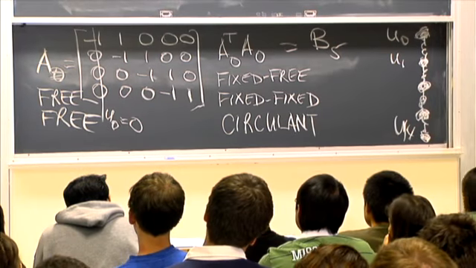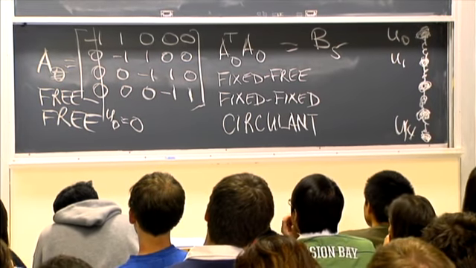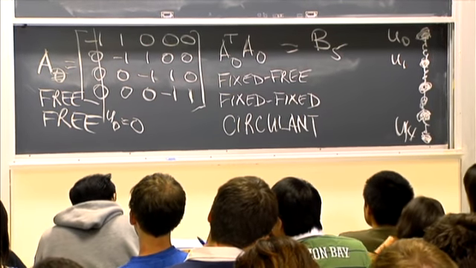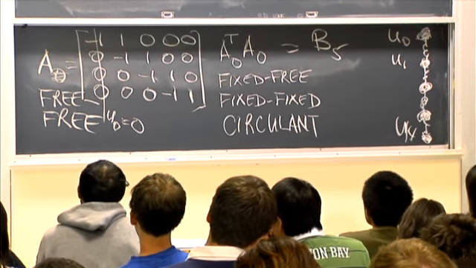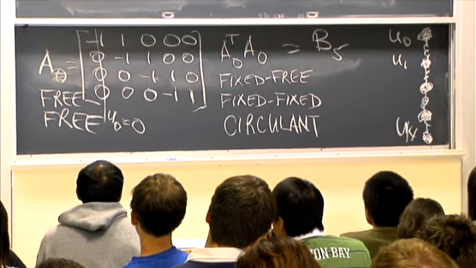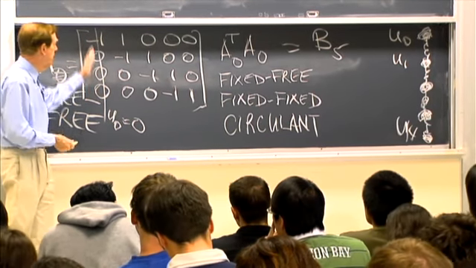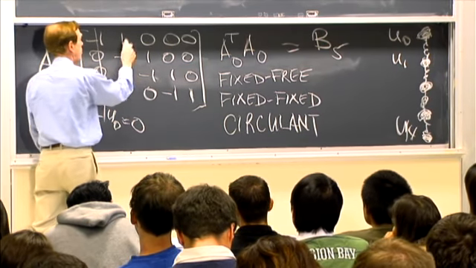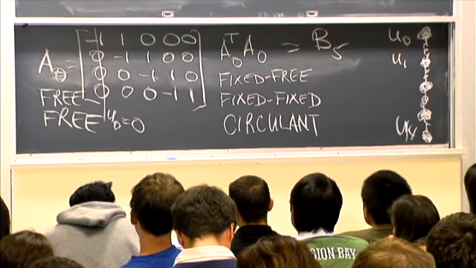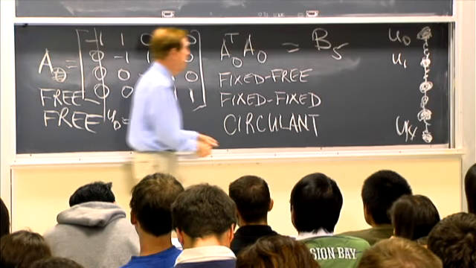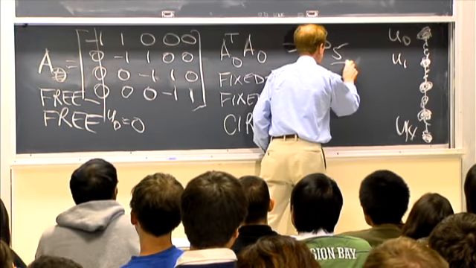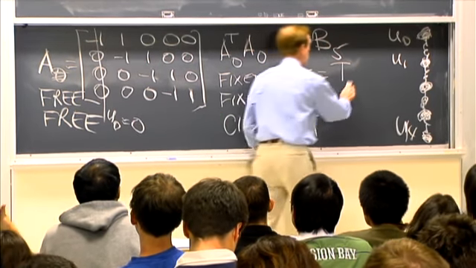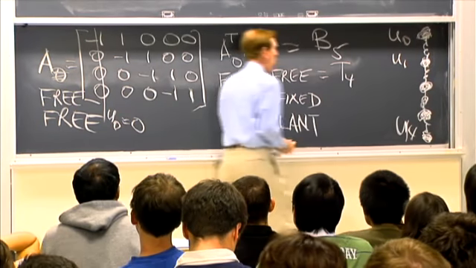Now 4 by 4. If I do A transpose A, which of our special matrices am I going to get? T. It'll be the one where the first entry will only be a 1. So that'll be the fixed free matrix. Of what size? 4. Now I've only got 4 unknowns, U1 to U4.